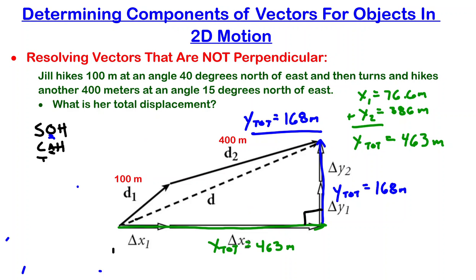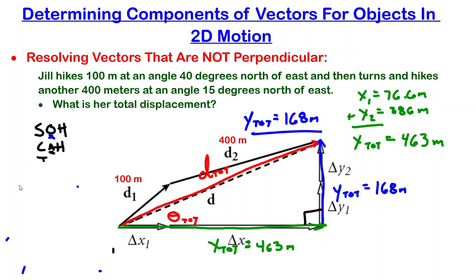So since I'm looking for this resultant, I can use those two sides of the triangle to find d. So we know that this is going to be theta total, right, our total angle, and this is our displacement total.